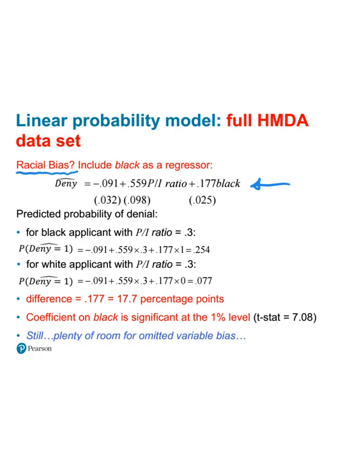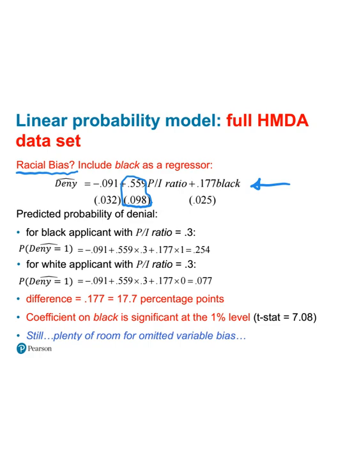Now, one thing we'll say is we still have a positively significant PI ratio. This is still going to be north of 6 for the t-stat. So PI ratio is still going to be significant, let's say at the 1% level. But looking at this new dummy variable, we're going to have 0.177 divided by 0.025. And that's going to be something north of about 7. So we have black also, this dummy variable, also being significant, let's say at the 1% level.